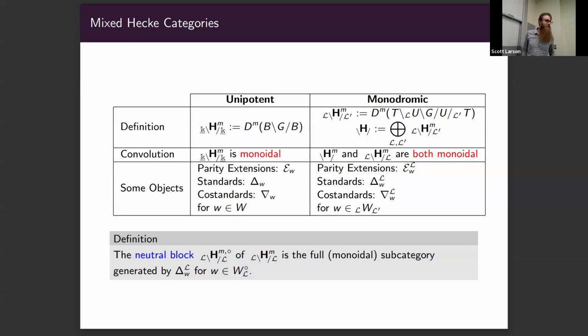No, the perverse sheaves on G mod B mod U are highest weight, and that's category O. If you look at G mod B mod B, it's not highest weight, and it's just complicated. A lot of this comes back to the fact that perverse sheaves don't tell you everything about the derived category.